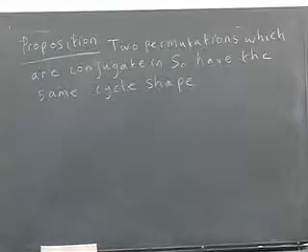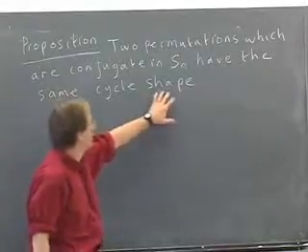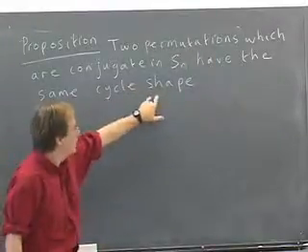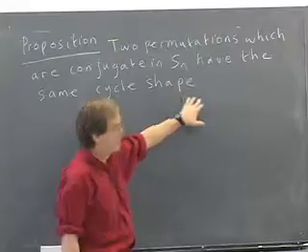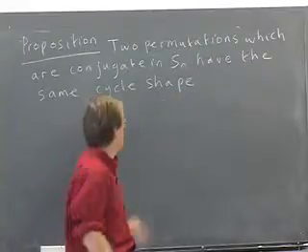So I mentioned it briefly, but I haven't really said what I mean by cycle shape. So by cycle shape, I mean when you express them as a product of disjoint cycles, you have the same number of cycles of each length.